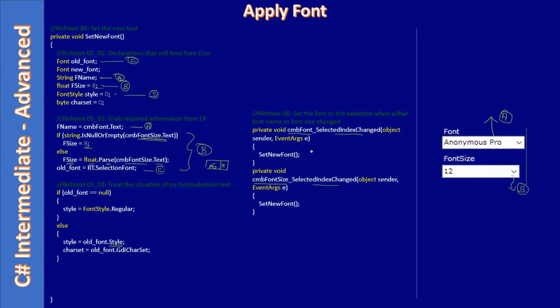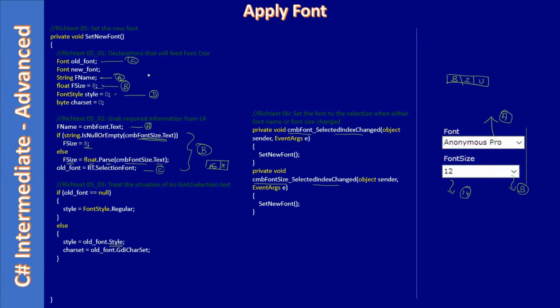Remember, this new font is called when user changes this index, right? That means if font size is changed from 12 to 14, we need to increase the font size. And in the meantime, we have to preserve what is previously applied on the selection text: bold, italic, or underline. So if some bold text is applied, we need to preserve that. That's why we take the selected text. Old style is selected text, right?